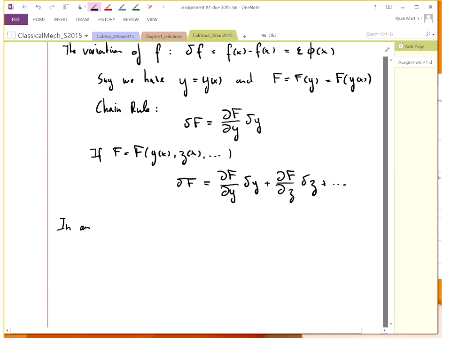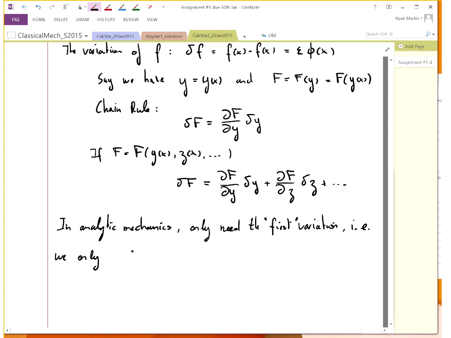And in classical mechanics, or in analytic mechanics, we only need what we call the first variation, i.e., we only care about terms of order delta.